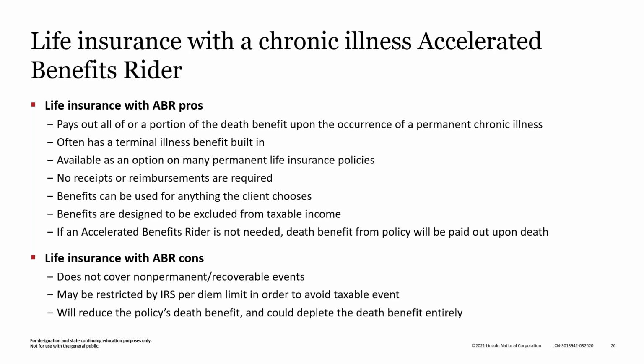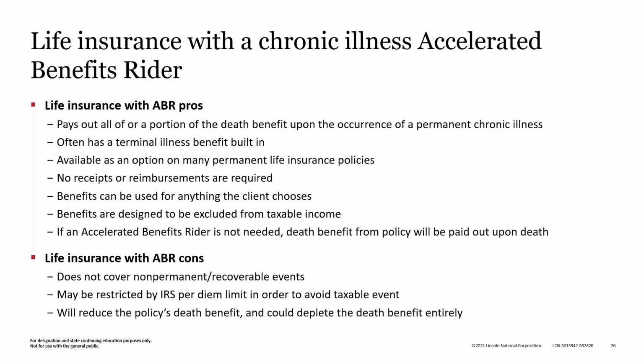Life insurance with ABR cons typically don't cover non-permanent or recoverable events, where hybrid or traditional solutions will cover those types of events. They could be restricted by the IRS per diem limit in order to avoid a taxable event, and they will reduce the policy's death benefit and could deplete the death benefit entirely.